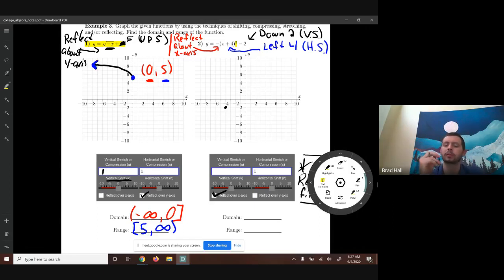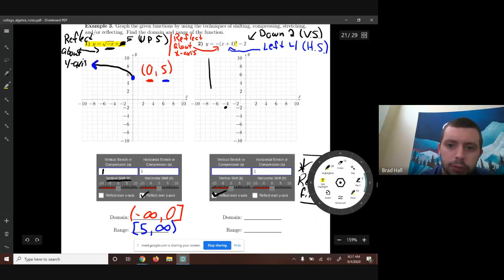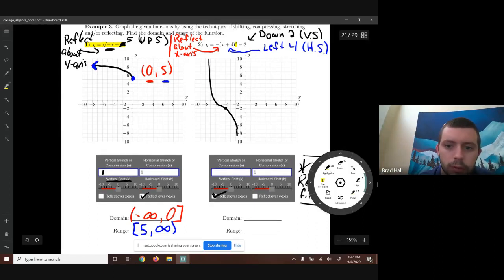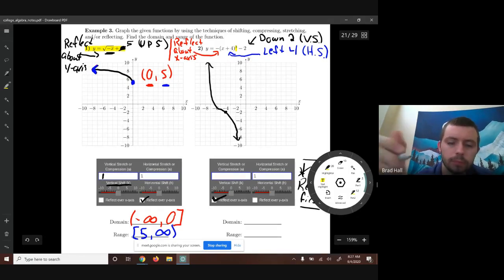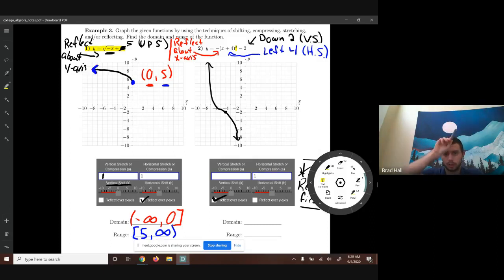And since it reflects about the x-axis, it's going to flip as such. We're used to the snake shape going from down to up, but since we reflect about the x-axis, it's going to go up to down.